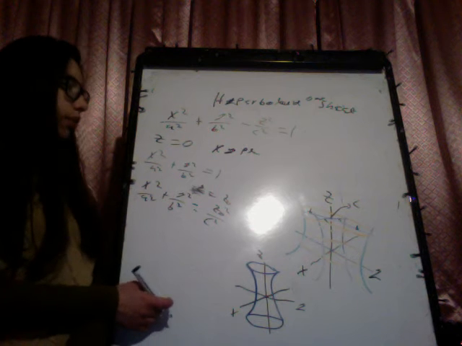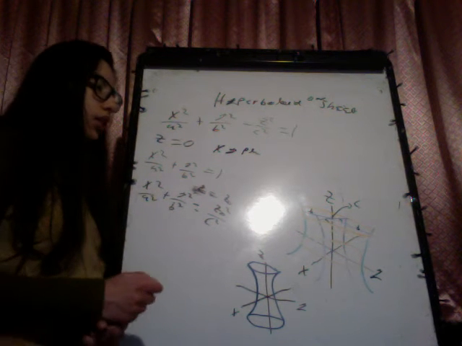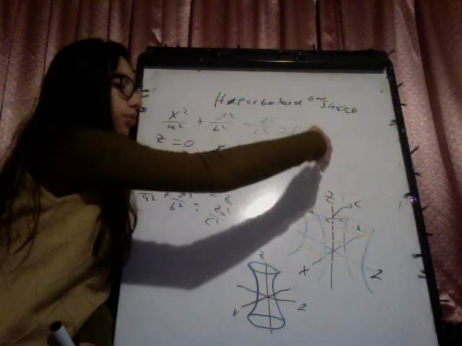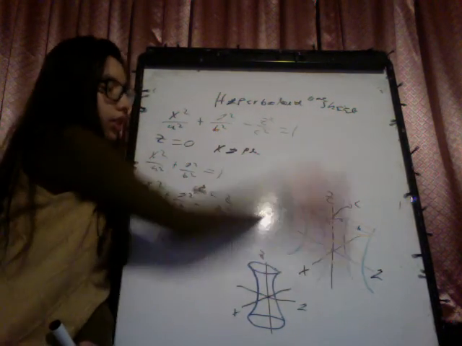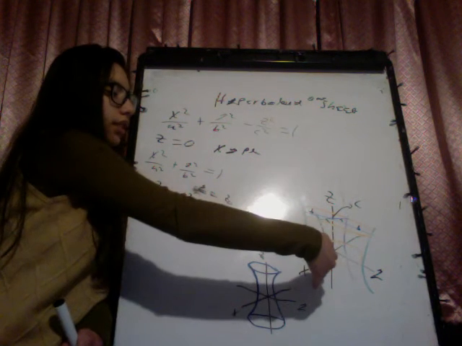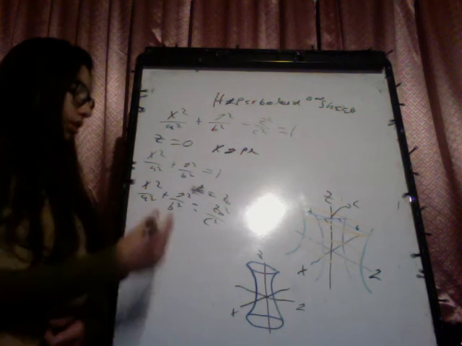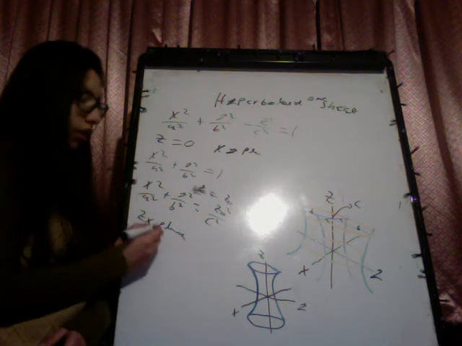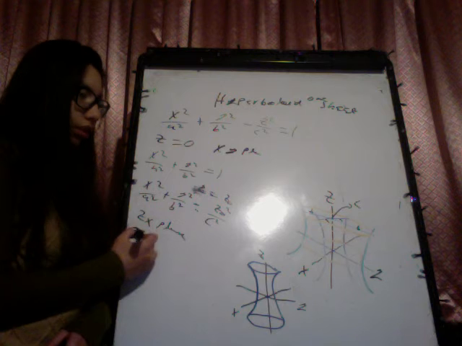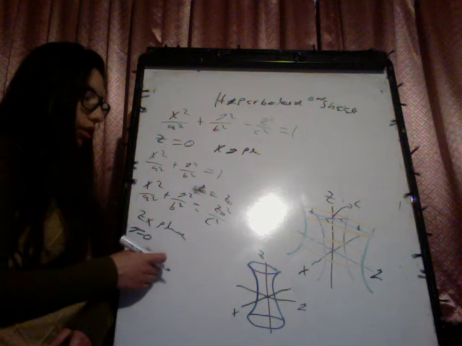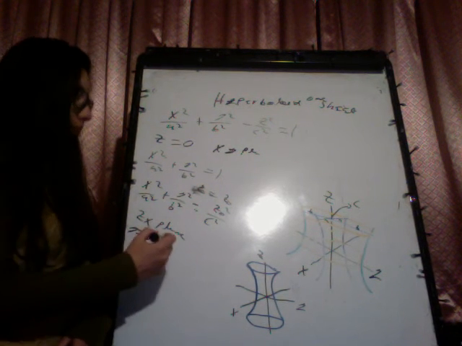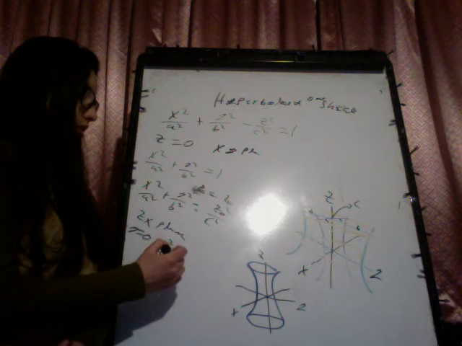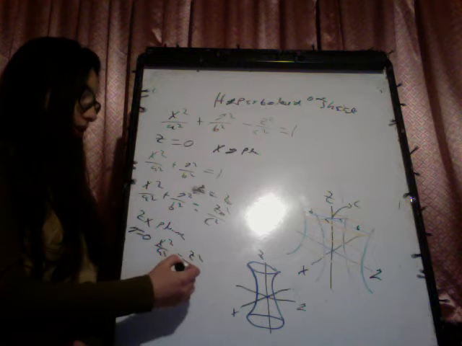Next, if you do vertical sections, the vertical section in this case is in the cx plane, the same as saying when y is equal to 0. So you have x squared divided by a squared minus c squared divided by c squared equals 1.